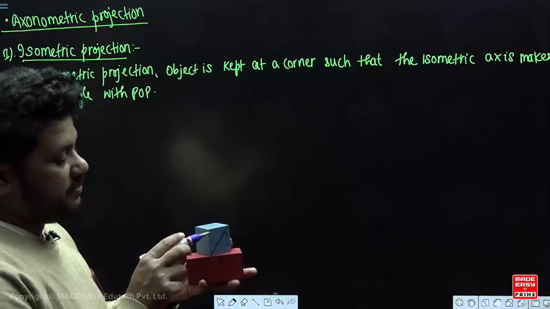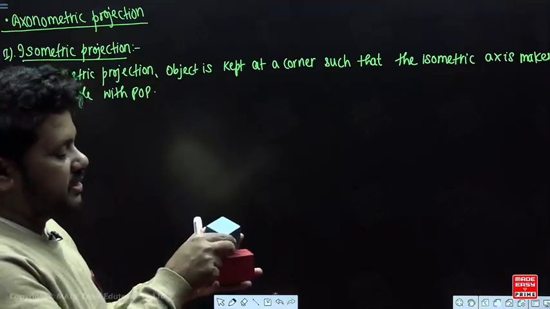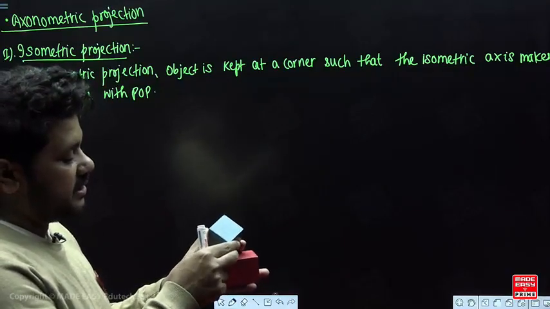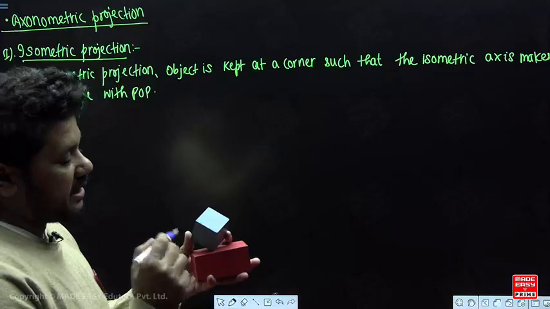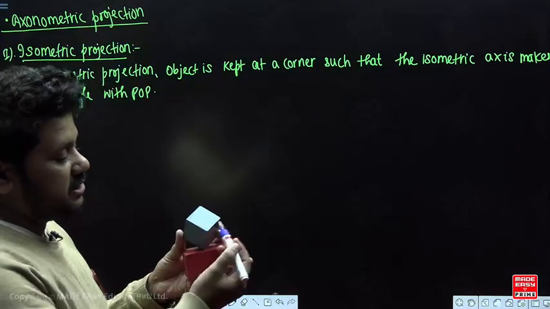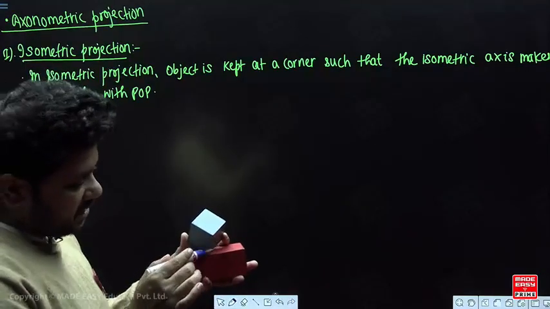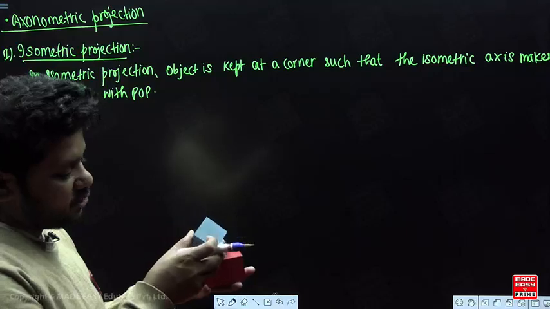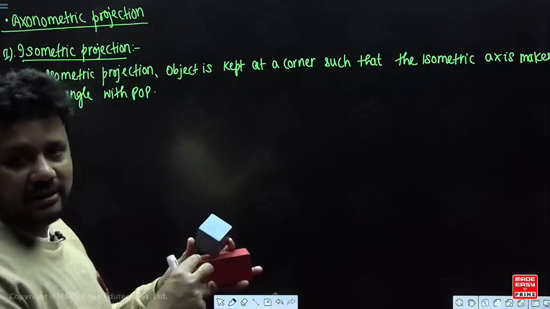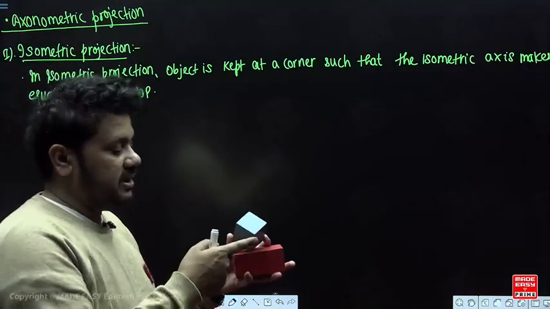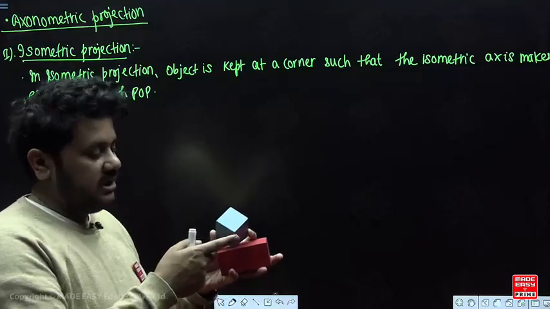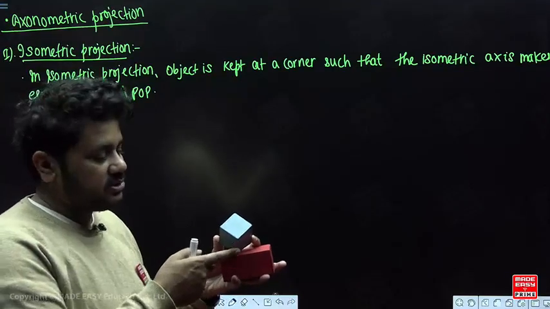So I need to decrease this length. So what will I do? I will topple it like this, correct? If I topple it like this, at a certain angle these two will be seen as they are. Now this length will start to decrease, because as you topple it, when you see it, this length will not be the same as it was, it will be reduced. So let us say it is 2 centimeter.